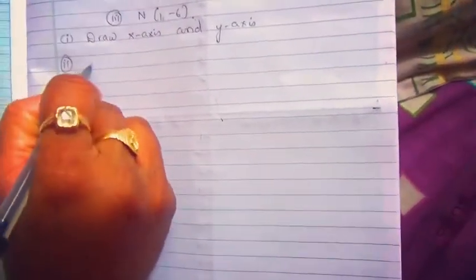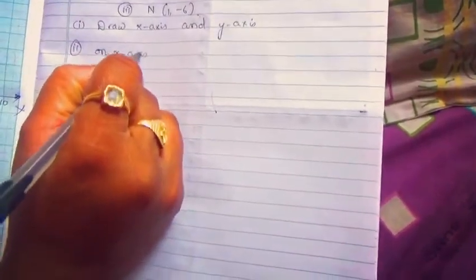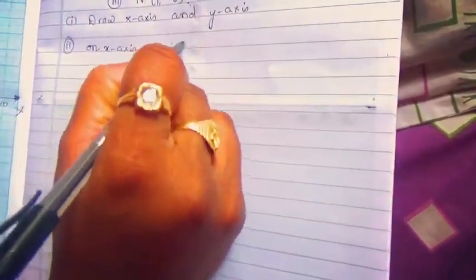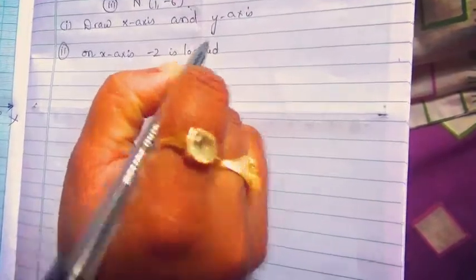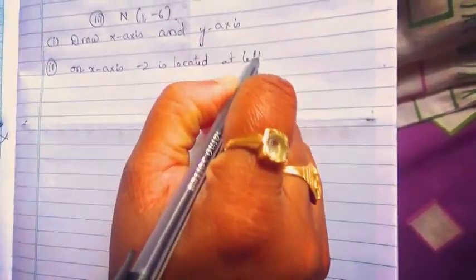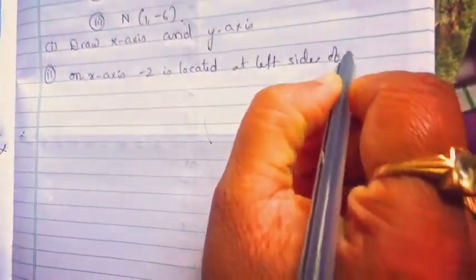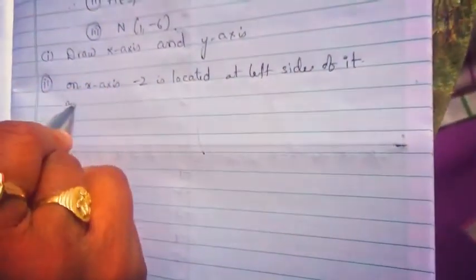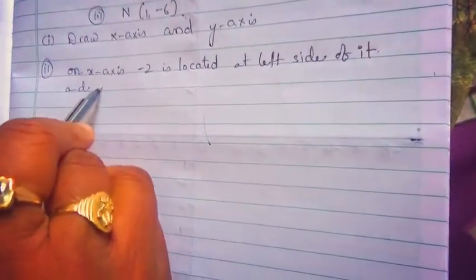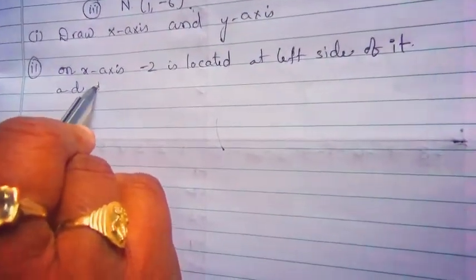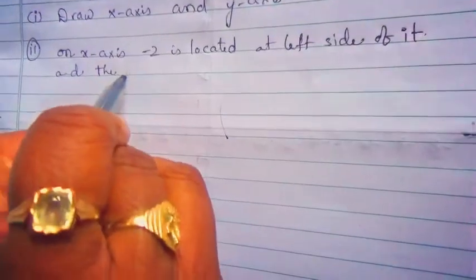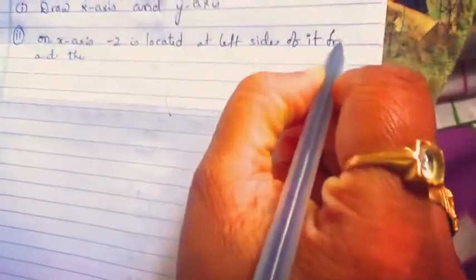So here on the x-axis, minus 2 is located at the left side of it, from 0, that is the origin.